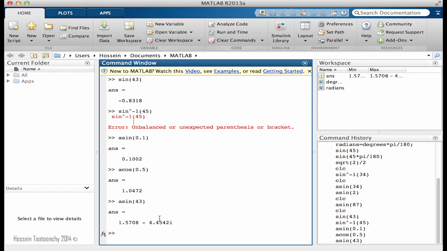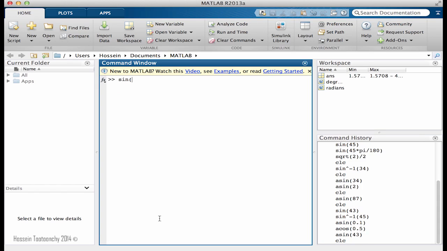Again, the important point here is that, exactly like the trigonometric functions that we learned, Matlab is going to receive radians and produce the result in radians too. So in case of a sine, let's go with a cosine.